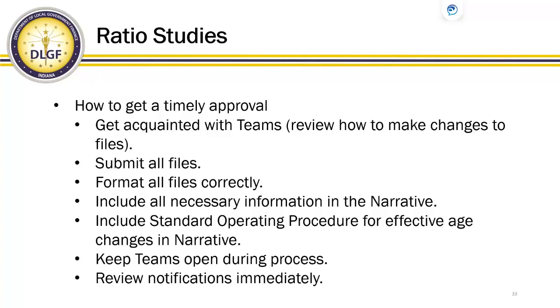One of the things you can do to help get timely approval is, as Devin mentioned the various IAAO standards, the PRD and the COD that we're looking at, to do your own analysis before submitting your ratio study to make sure that you fall within those statistical parameters.